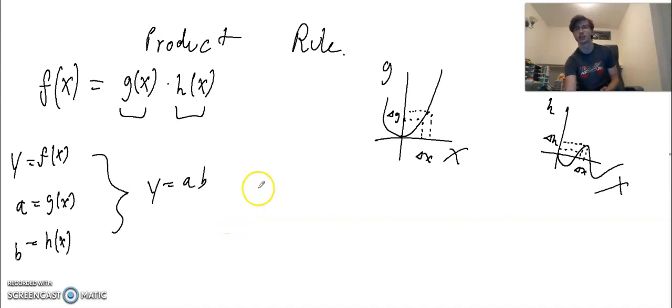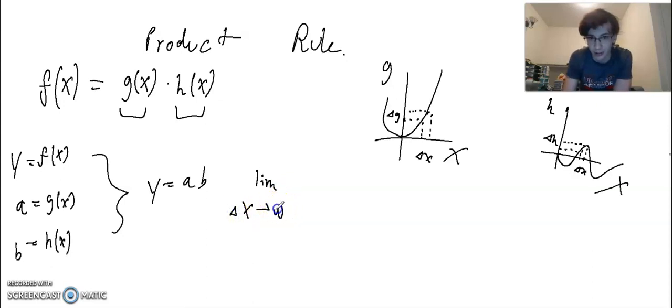So now let's do our limit as delta x approaches 0 of f of x plus delta x.